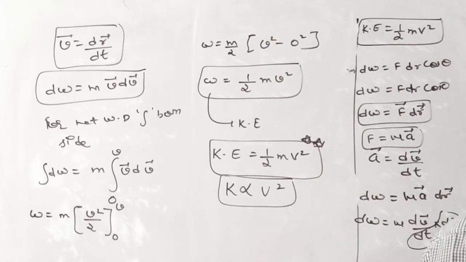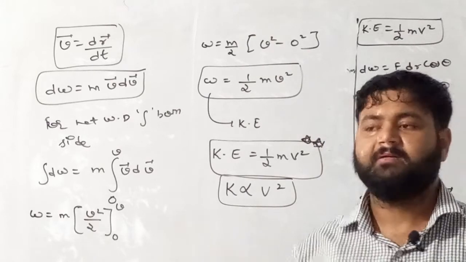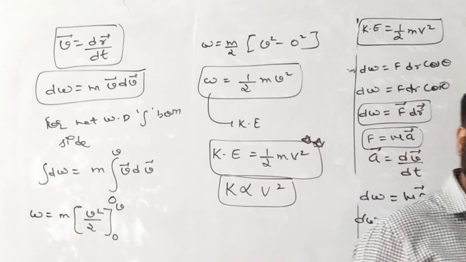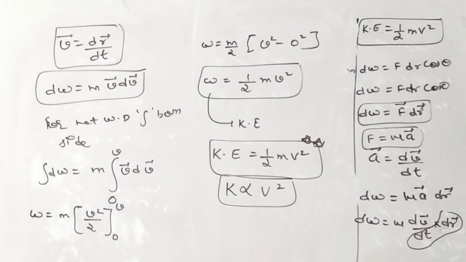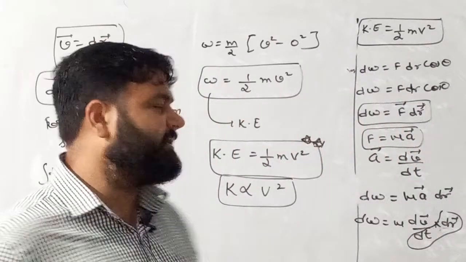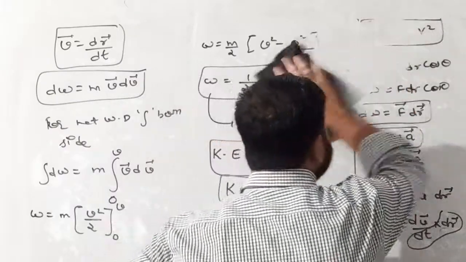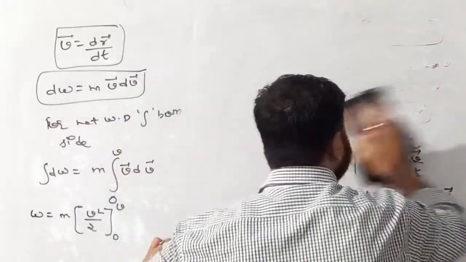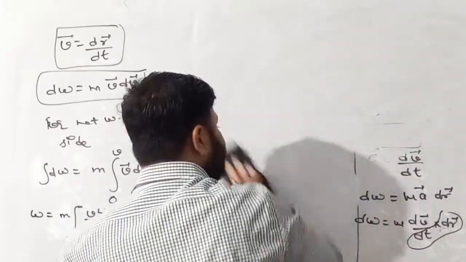Write down: a body of mass 4 kg, initially at rest. I hope you all understand the relation of kinetic energy. If a body is initially at rest, then its initial velocity is considered to be 0.